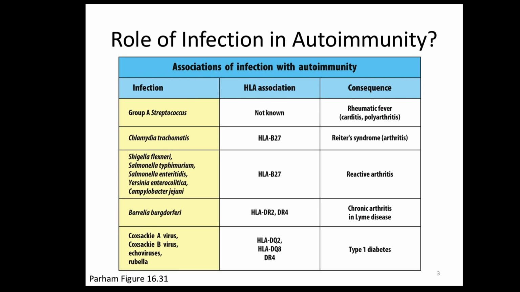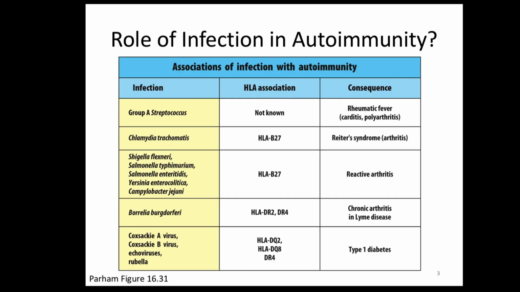What I will tell you is in a lot of cases, we can say there is very likely an infection that was involved in the tolerance break, but it's often really hard for us to say which infection, what time, when that happened. There was probably an infection involved, but the exact details are a little bit unclear.